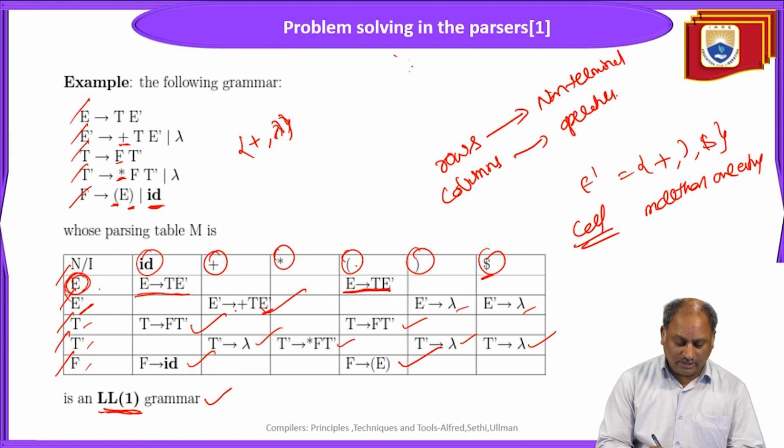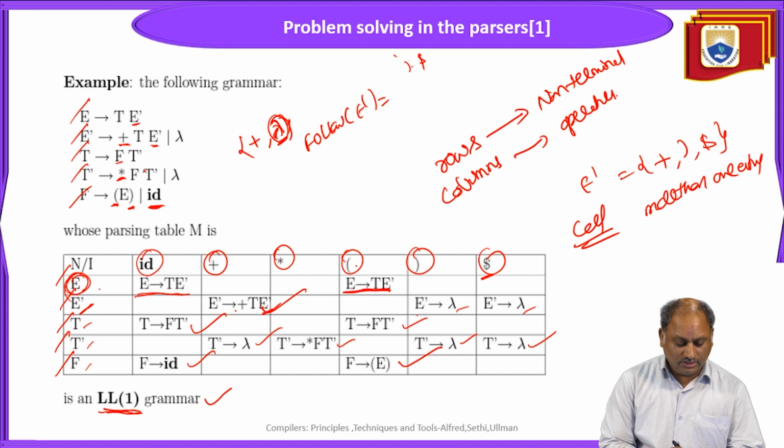If any epsilon is there, for this case we have considered epsilon completed, and for epsilon entries we have to make sure of follow of E dash. So follow of E dash, where E dash is available, that is here. So follow of E. What is follow of E? Follow of E is plus, right parenthesis, dollar.